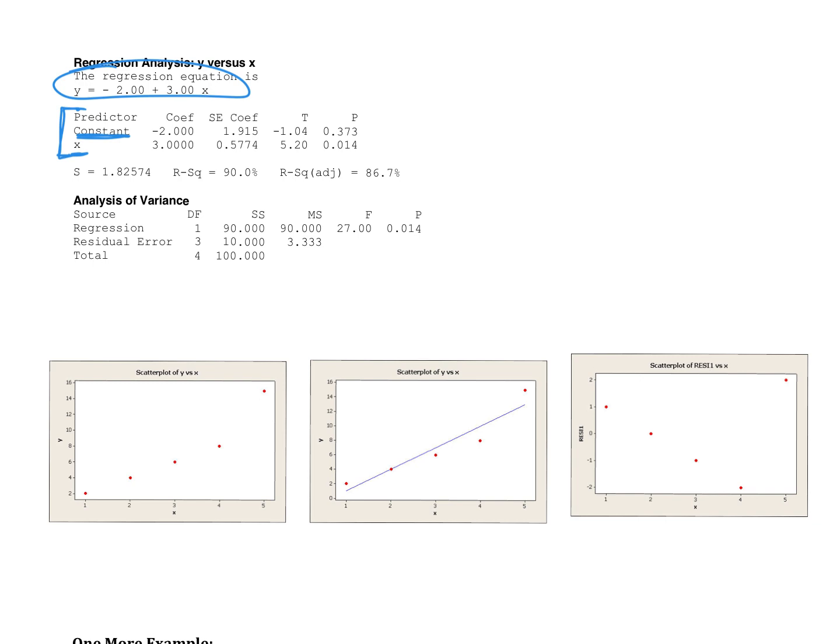Okay, so here's what that tells us. Coefficient is the coefficient on either the constant or x. So that means that 3 is attached to x, and the -2 is just a constant. It's just attached to a number. So our y hat then is 3x plus -2, or normally we write it as -2 plus 3x.